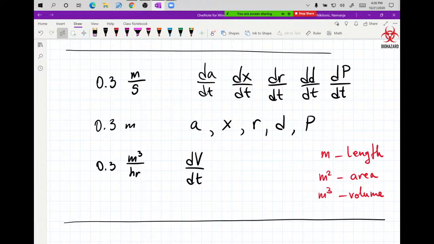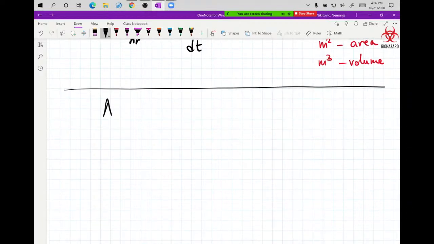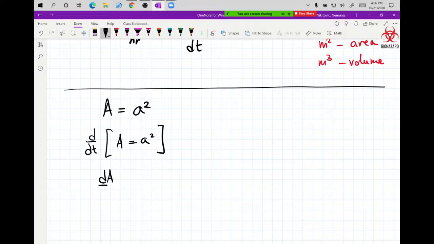Also, we'll see that we need to know this little bit so we can figure out what equation to write to begin with. So now I want to go back to my area equals a squared, then the derivative with respect to time of that equation was change in area in time is equal to 2a change of side, I mean, the length of a side, there we go, in time.